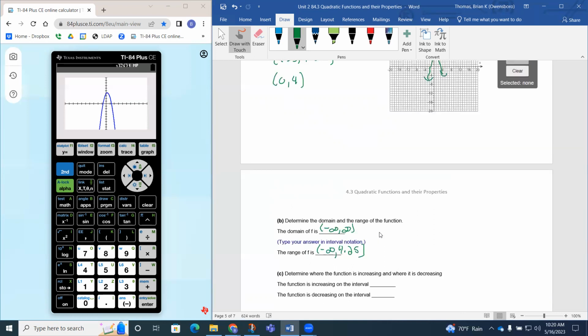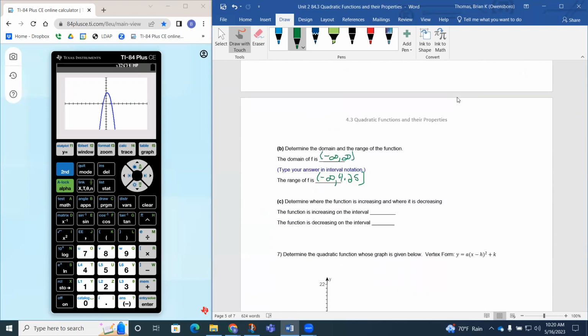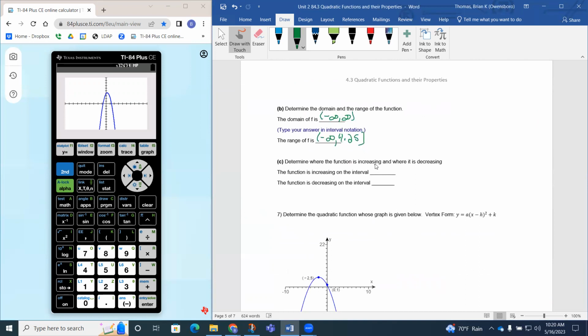So increasing and decreasing, notice that the graph does start out increasing. From -infinity, and remember we're using the domain values, the x values here, the interval. So from -infinity to 0.25, it's increasing. And we can close that in, I believe is what they've been doing.